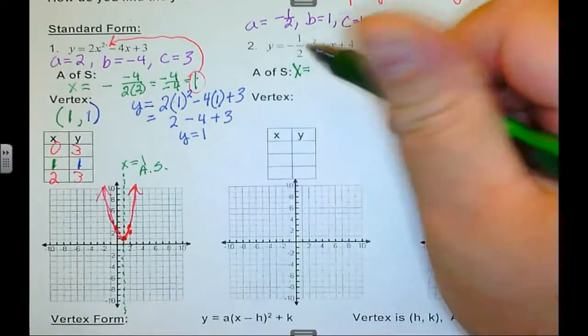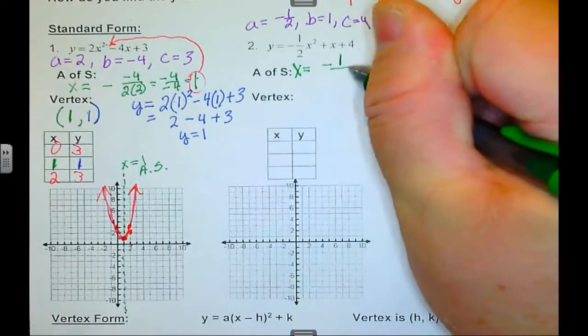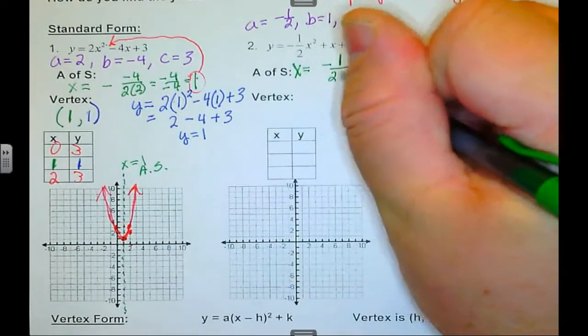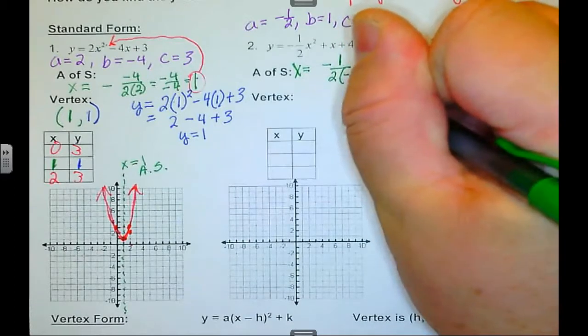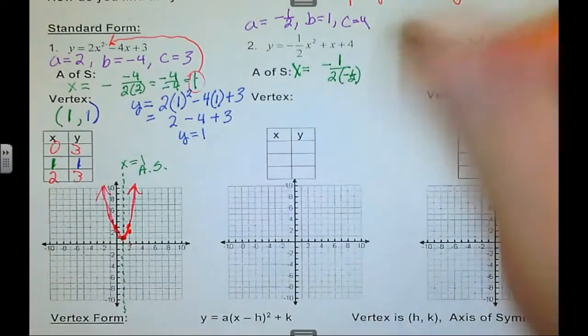So my x is -b over 2 times a, so 2 times -1/2. Yep.